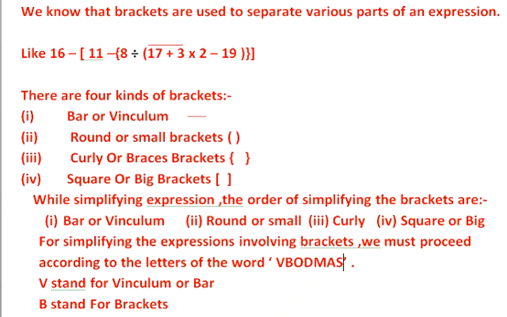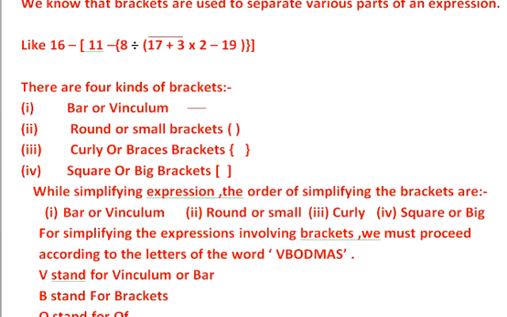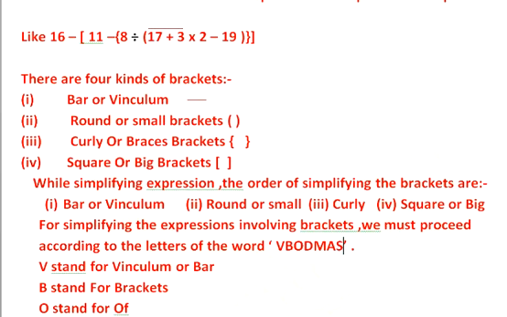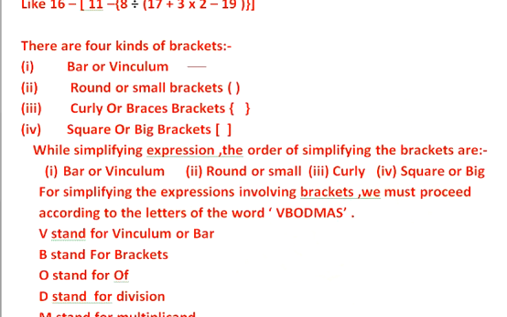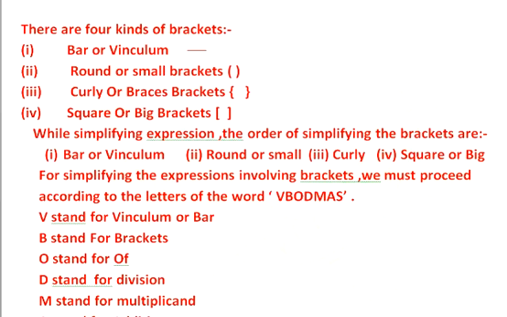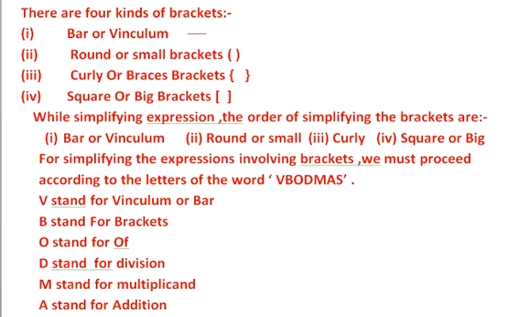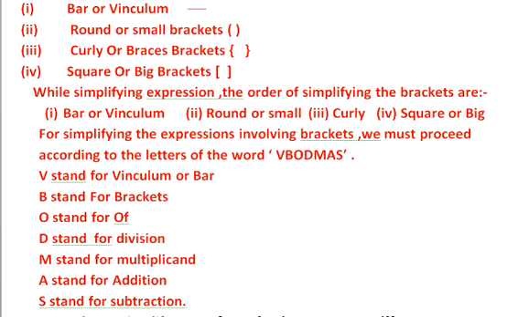Second, B stands for brackets, and we solve them one by one. Then O stands for of, D stands for division, M stands for multiplication, A stands for addition, and S stands for subtraction. Now we learn how to solve bracket simplification.